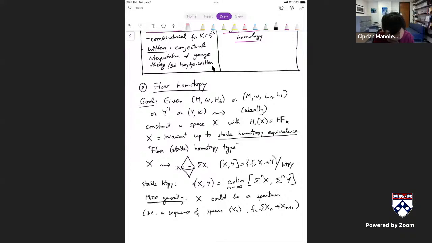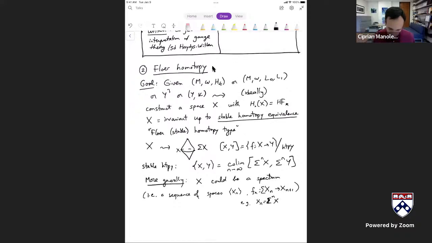This is what people sometimes call a spectrum, sometimes a pre-spectrum. You can make a genuine spectrum out of it. I won't get into the details, but instead of X_n being just the n-fold suspension of some X as above, you can take some other sequence of spaces with these maps and you get spectra.